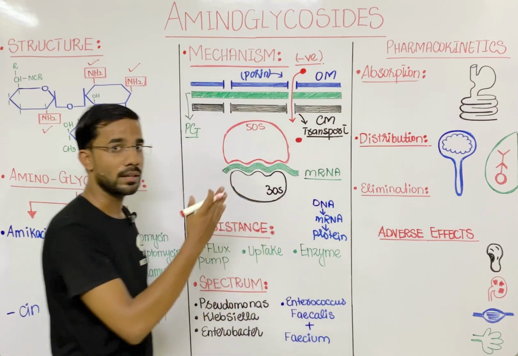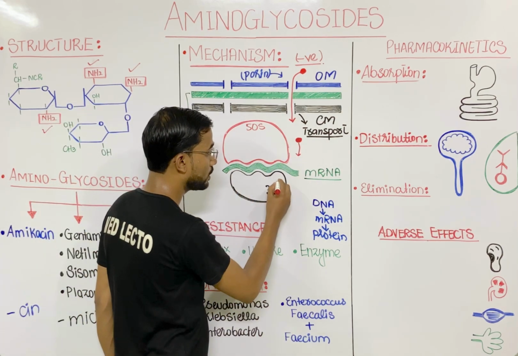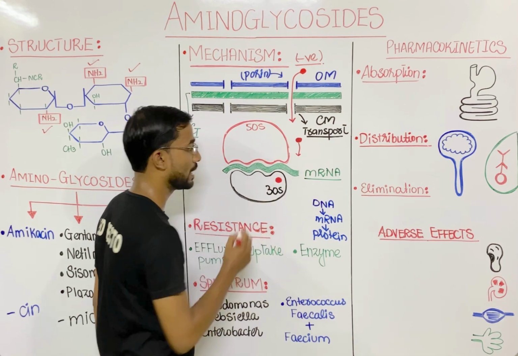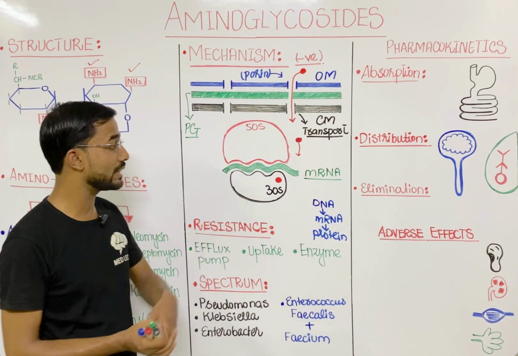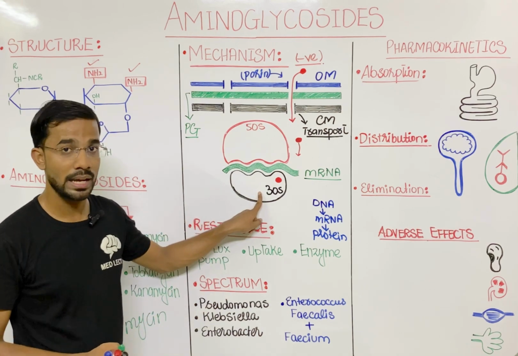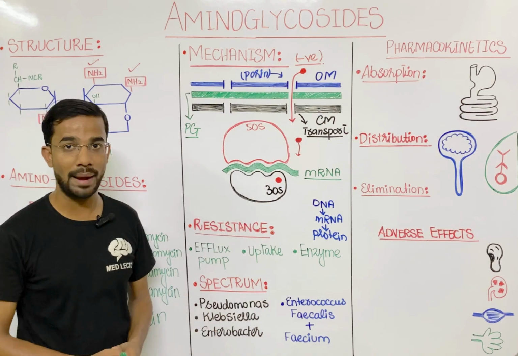Now, these aminoglycosides will bind to the 30S subunit. After binding of the aminoglycosides with the 30S subunit, it will block the formation of the initiation complex.